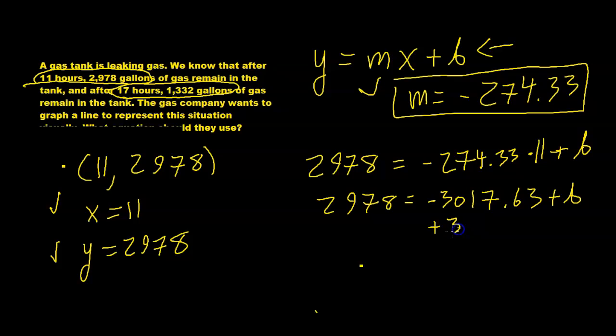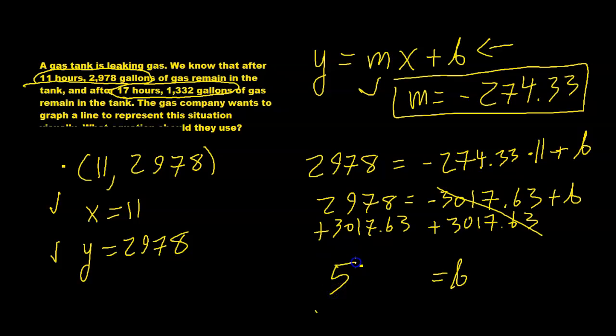Clearly, we're going to add 3,017.63 to both sides, because that's what we need to do to get b by itself on the right-hand side. And b is going to equal 5,995.63. So that's the amount of gallons of gas that this tank started with, okay?